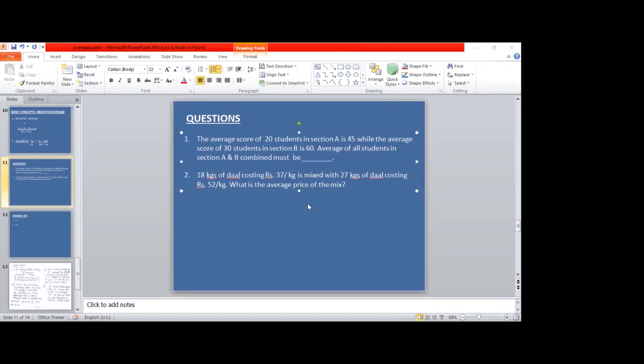Any answers? Any other answer, guys, to question number 2, except the one that Chandana shared? 54, 46. Yeah, it's Chandana, sir.